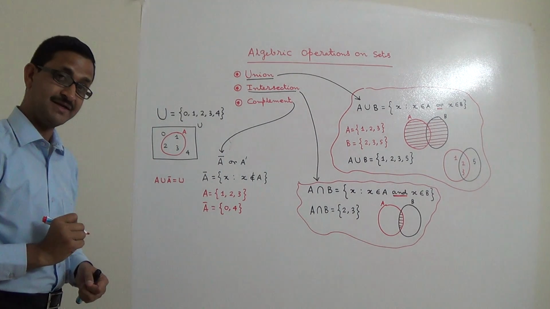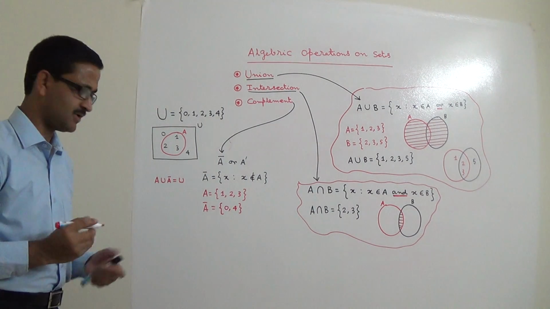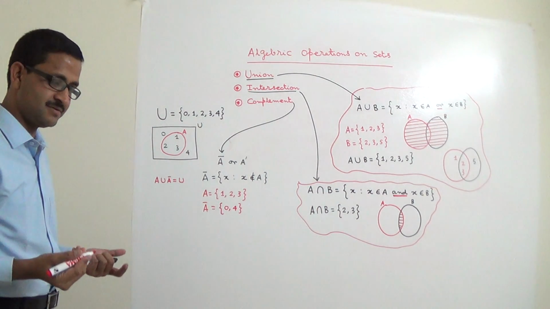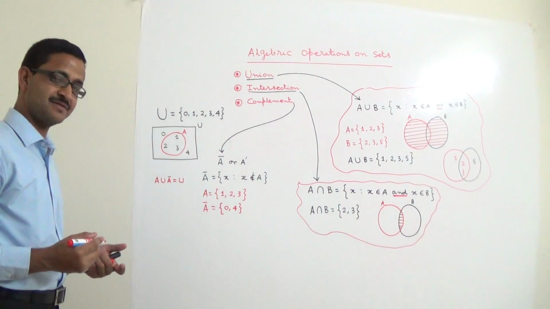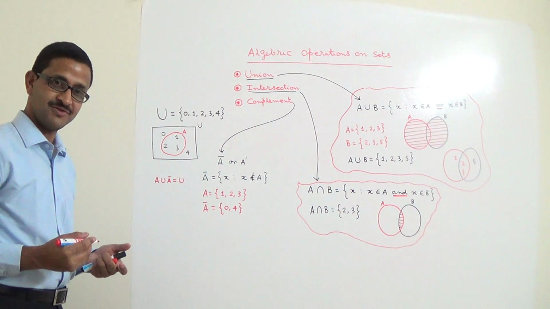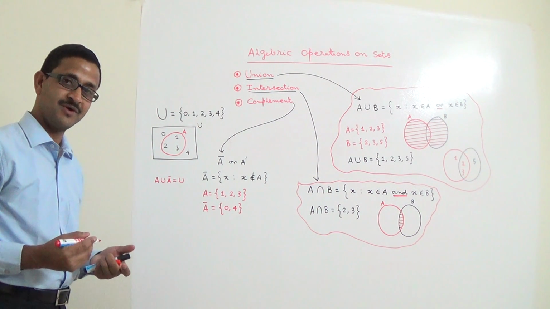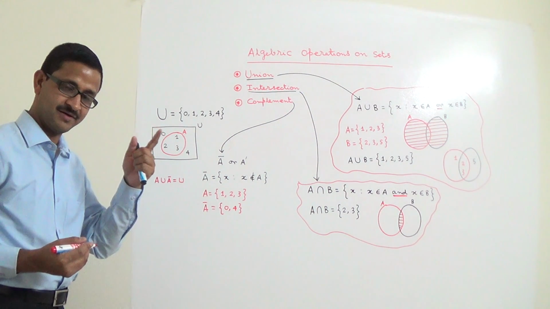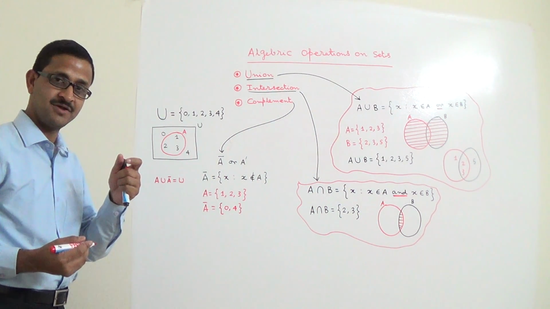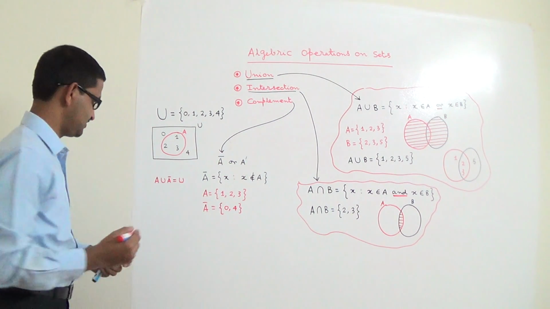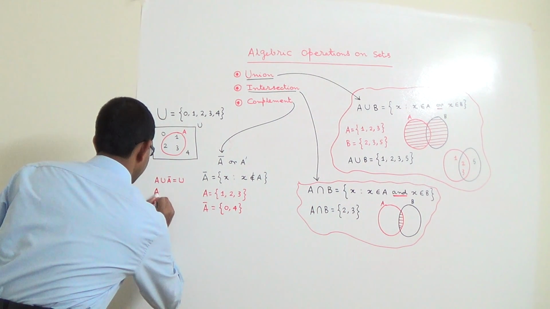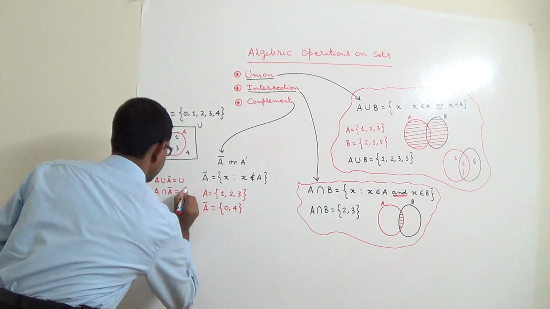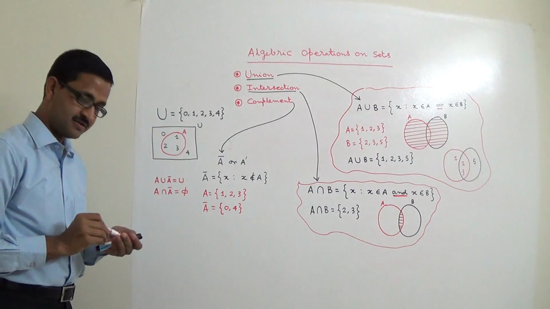And if you make A intersection A prime, there is no element which belongs to A intersection A prime. So what is that set which contains no element? We have discussed it. It is called the empty set. So A intersection A prime is equal to phi, the empty set.